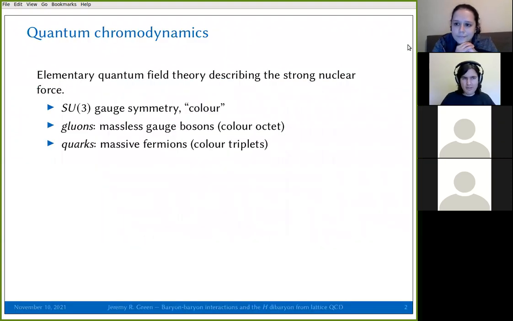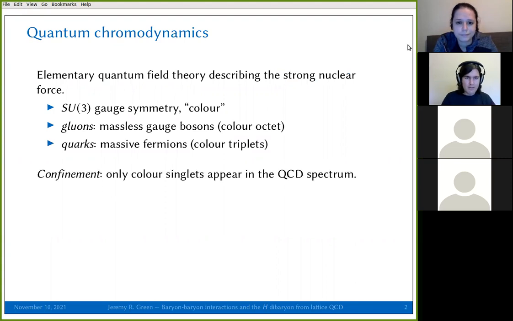Of course, it's in the title, and many of us here do QCD. As I think we all know, this is the elementary theory describing the strong nuclear force. The ingredients are SU(3) gauge symmetry, and gluons and quarks that are colored objects.